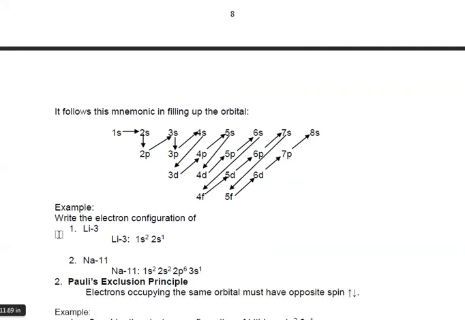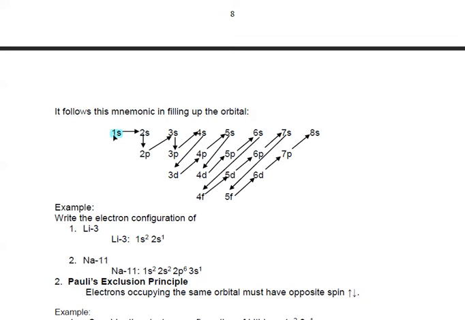So for example, the electron configuration of lithium, which has 3 electrons, is 1s2, because the maximum number of electrons per orbital should be 2, and then 2s1. So 2 plus 1 is equal to 3. Right? Alright. How about sodium, which has 11 electrons?